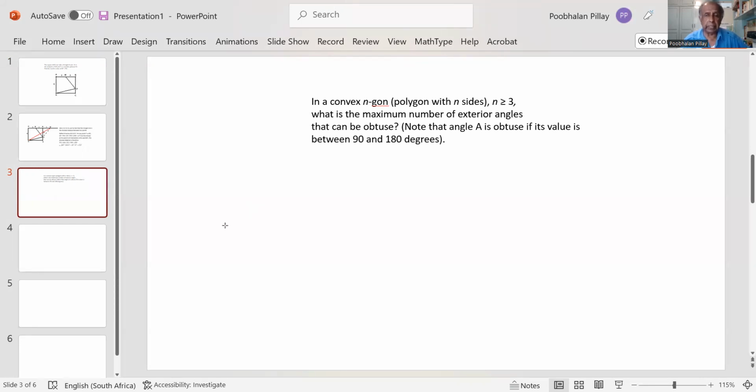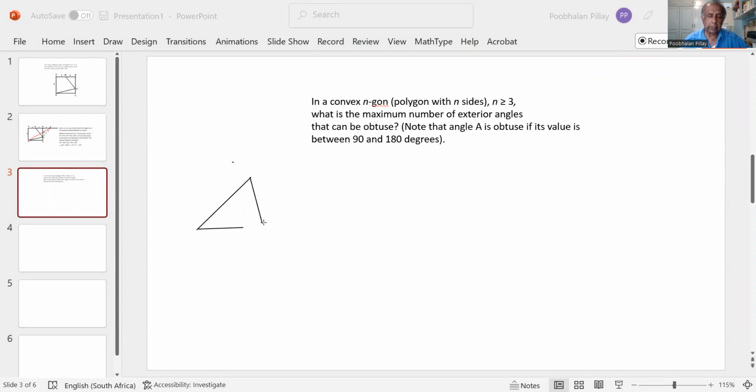Okay, so for a start, let n be equal to 3. A polygon where n, the number of sides, is equal to 3 is nothing else but a triangle. If you take n to be 4, then an n-gon is a quadrilateral.